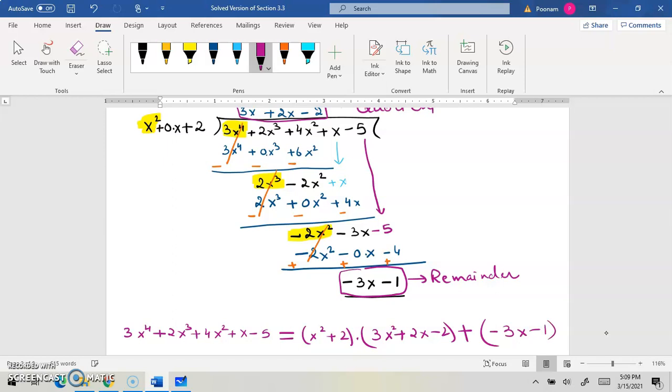So, how do we write it? The given polynomial is equal to the divisor, which is also a polynomial of x, times quotient plus remainder function. That is our long division theorem. Okay.